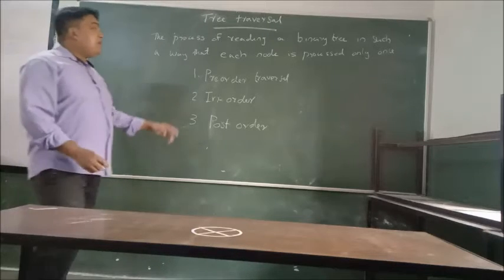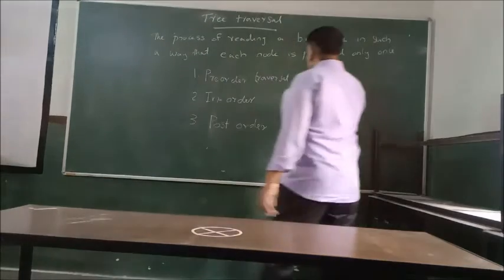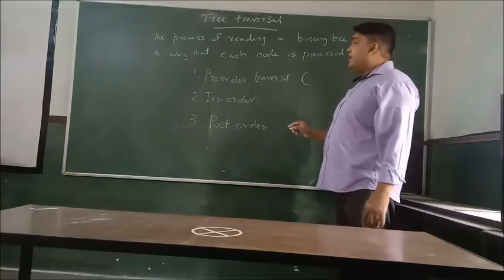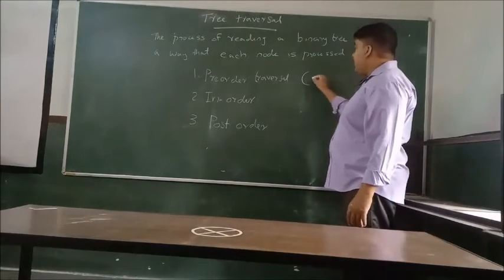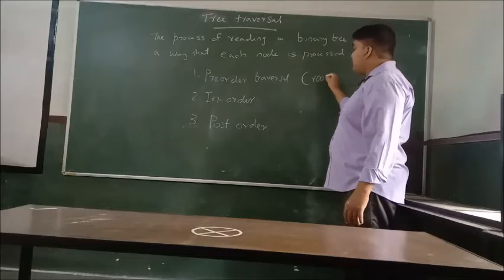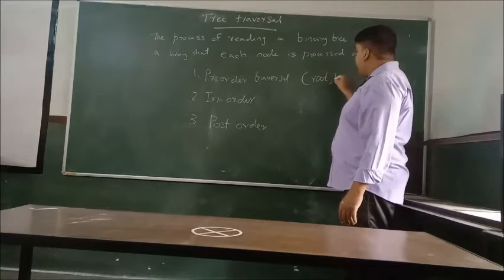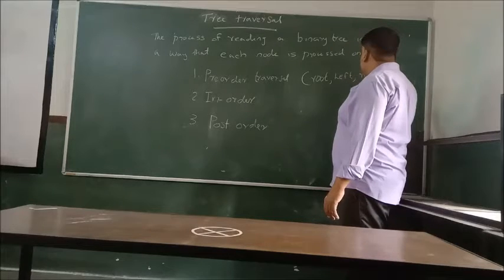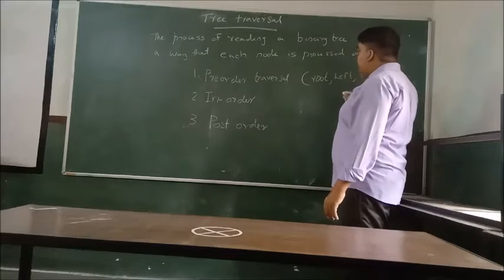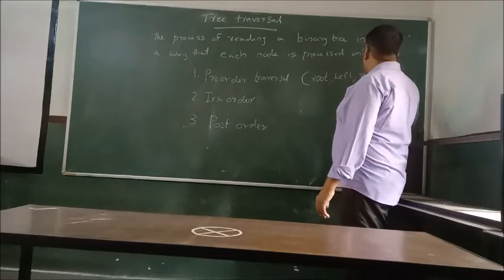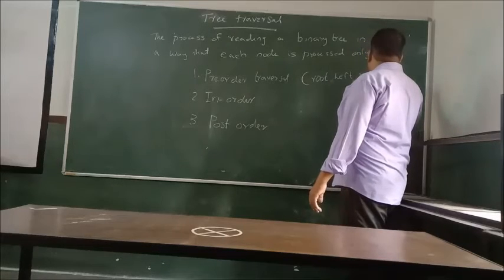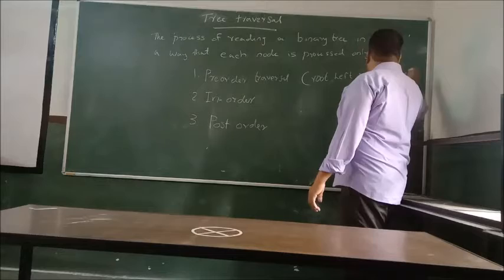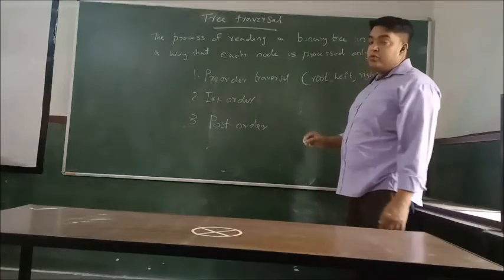So when it is pre-order, we are reading in such a way that root comes first, root, then left node, then right. That is pre-order. We represent it symbolically as plus L R, where plus stands for the root.